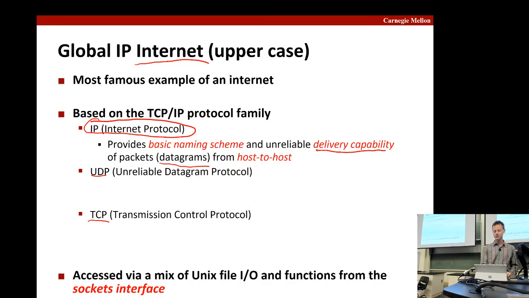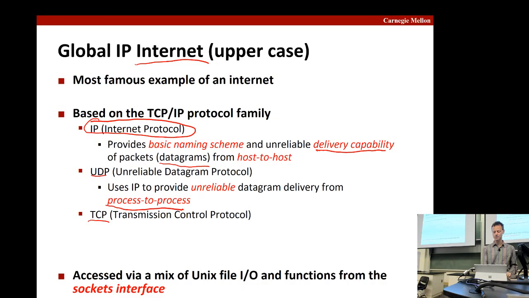TCP is the one that most of us are familiar with. But UDP is used sometimes to avoid some of the overheads of TCP. So if you want something that has higher performance and you're okay in your application, for whatever reason, with some amount of packet loss, then you might go the UDP route. Okay, this, as opposed to host to host, does go process to process, which is what you want, right?